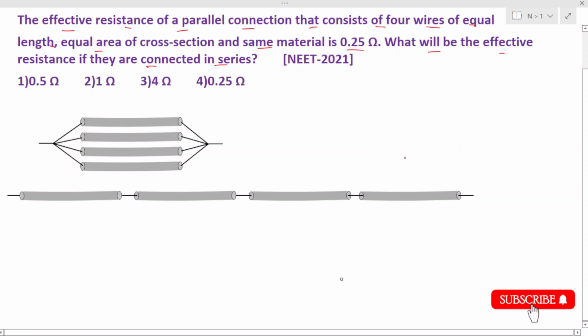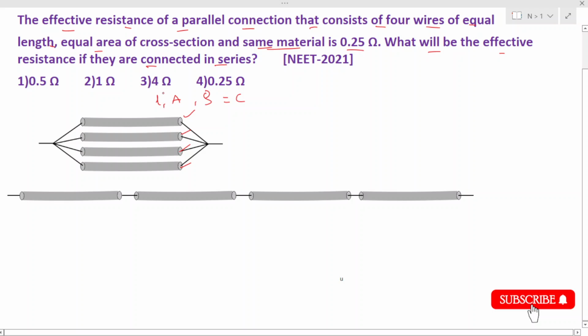Let us see what he gave. He took 4 wires, and the length and area of cross section of the wires are equal, and they are made of the same material. Since the material is the same, their electrical resistivity rho will also be the same.